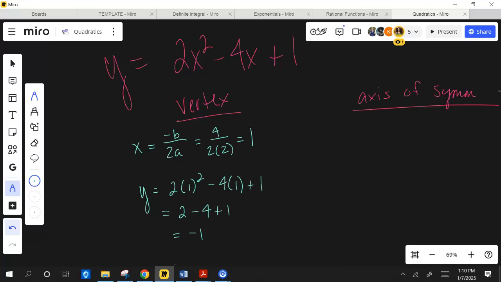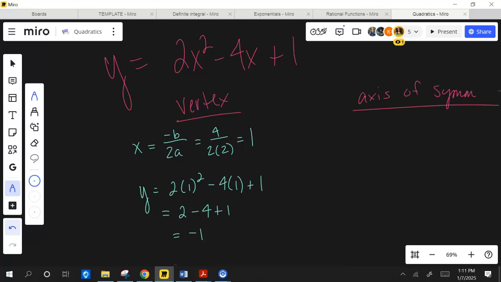This one was easy. They won't all be this easy. At least show me where you plugged them in. Are we supposed to solve the original? Oh, you have to plug it in. Yeah, that's what you plug in to find the y.